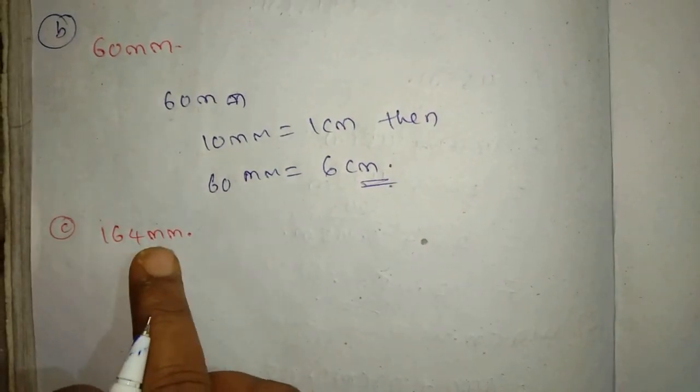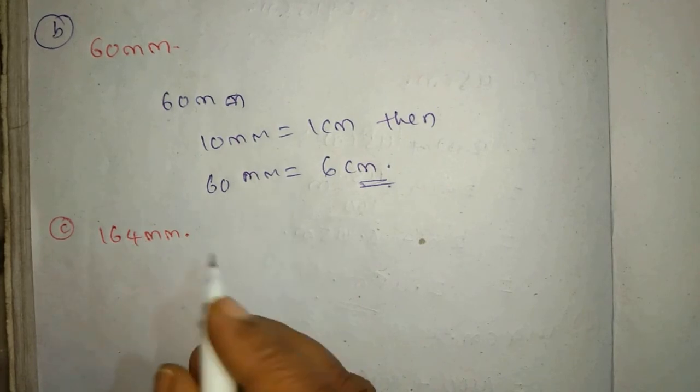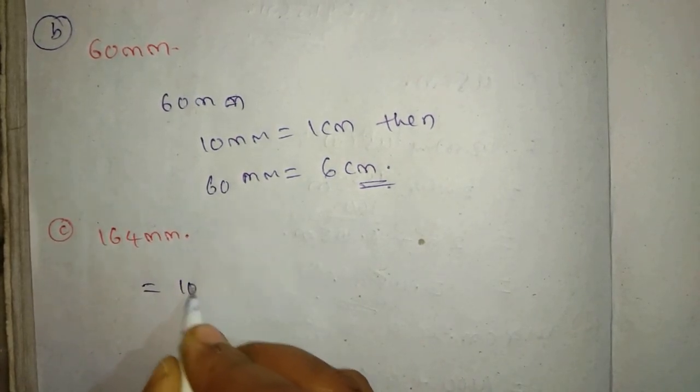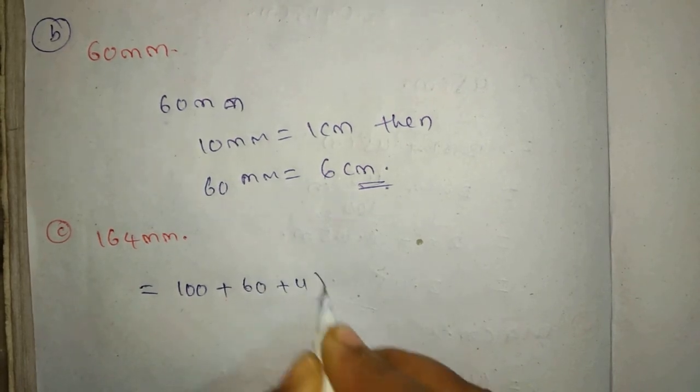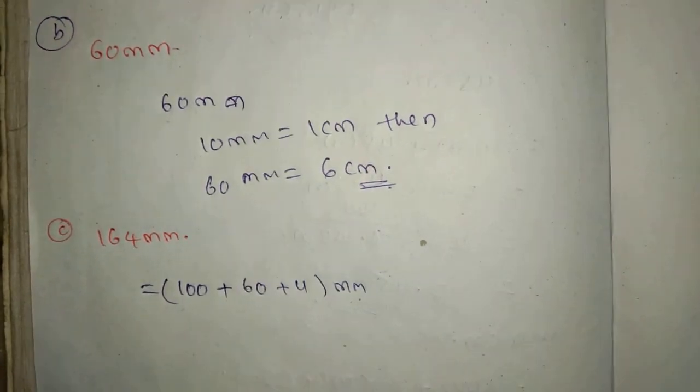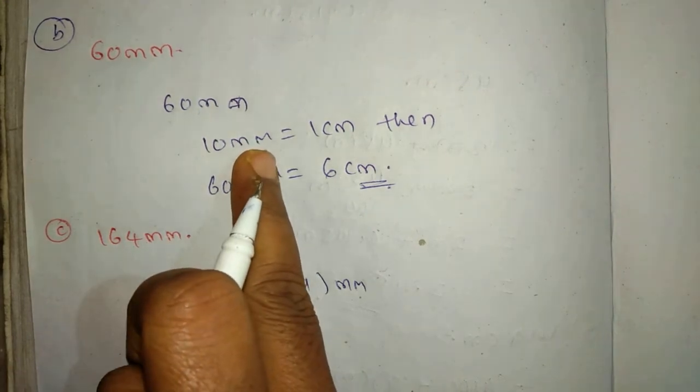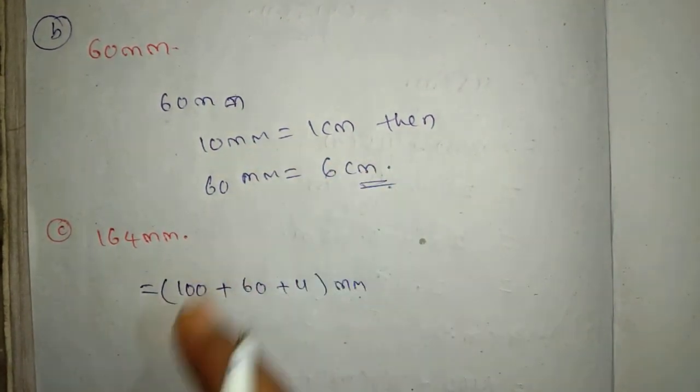Next, 164 millimeters. This can be written as 100 plus 60 plus 4 millimeters. As we know that 10 millimeters is equal to 1 centimeter.